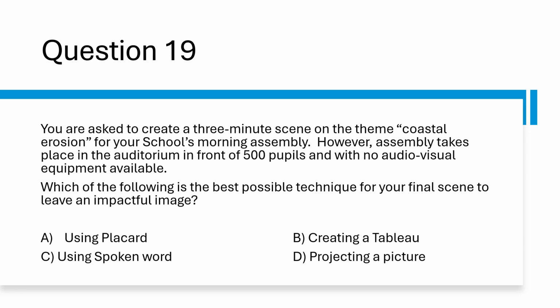If we decide that we are going to be using placards, which is A, remember we have 500 people, and so using placards, people may not necessarily see all the words on the placard. Even if we end up with the placards, it may not be as impactful, because for 500 persons, the people in the back may not get a chance to see the words that we have on the placards.